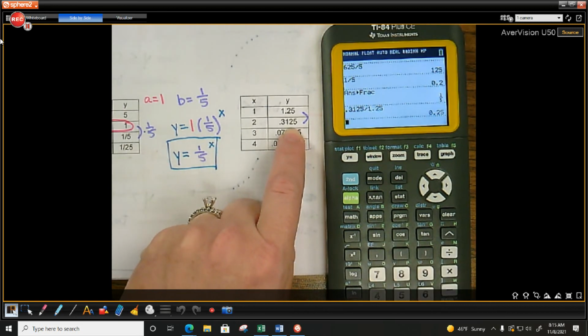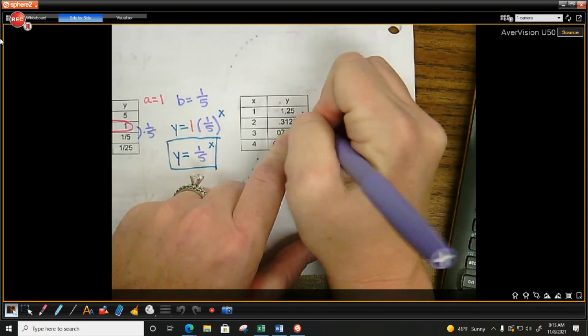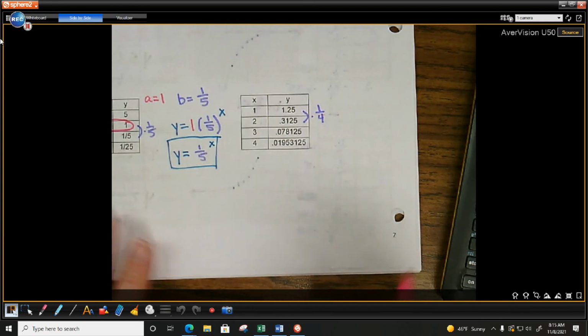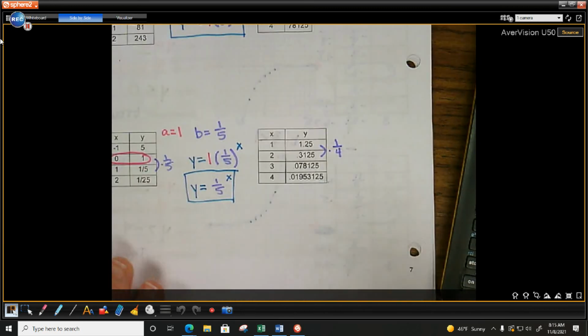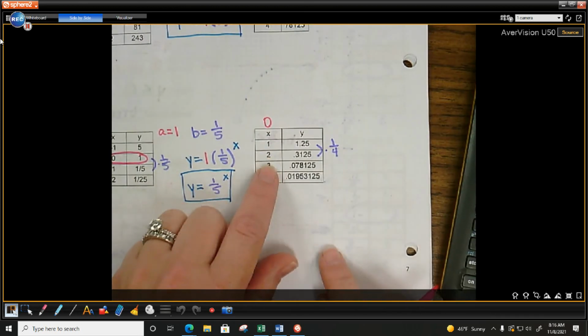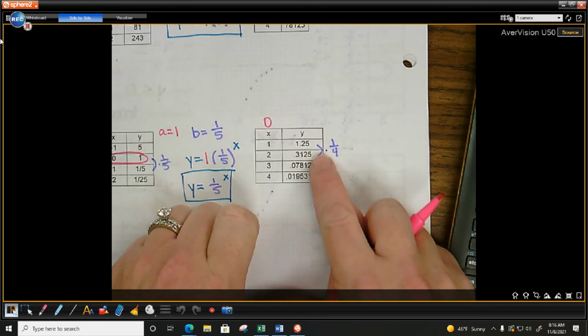So, just like we did on this one, we need to extend our table up. So it's getting bigger by 1, so I got smaller by 1. So now I'm at 0. We're multiplying by a fourth. What would be opposite of multiplying by a fourth? Dividing by a fourth is just multiplying by 4.